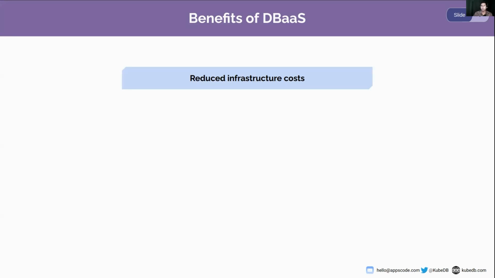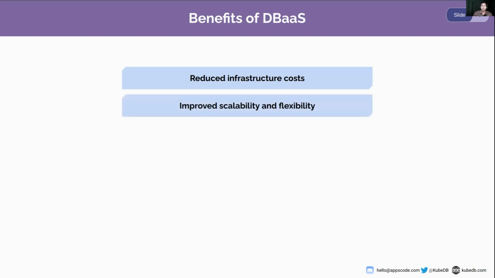But when you go with a managed database provider, you don't have to worry about the upfront cost, because you can select a specific machine that works for you, and you can also choose a pay as you go option. In that case, you just pay for what you have used for your infrastructure.